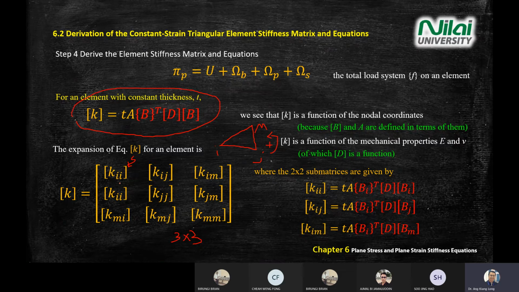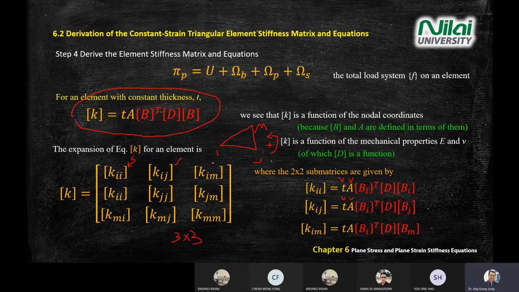For example, if you look at Kii on the first K matrix given by this equation, they use t A, thickness is given, area you calculate. If you want to calculate Kii, you use Bi transpose, then D Bi. If you want to calculate the second one, Kij, you use the thickness, area, you use Bi transpose D Bj.